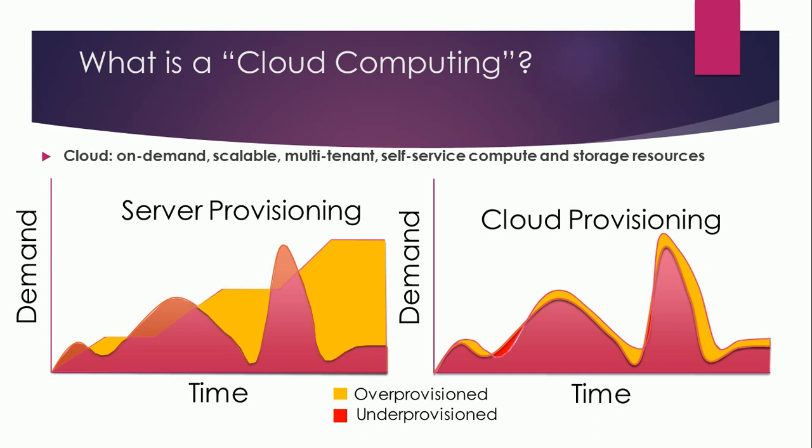So whenever we tried to add any resources, it was over provisioned 1 or 2 months before, which was leading to poor utilization of resources. So we used to over provision. Coming to the cloud computing, we'll never do over provisioning or under provisioning.